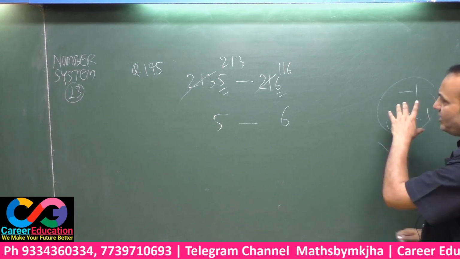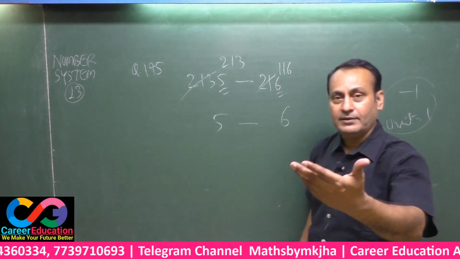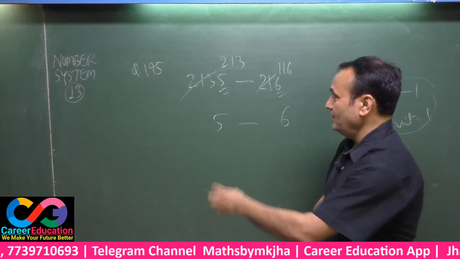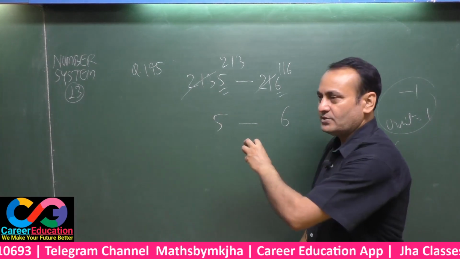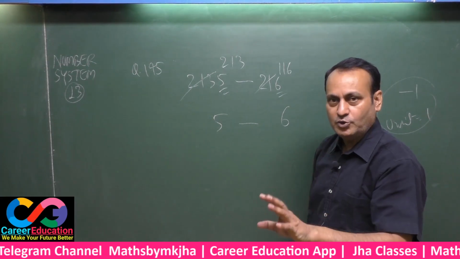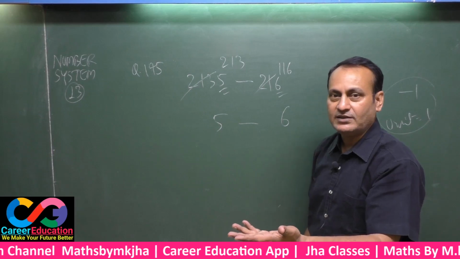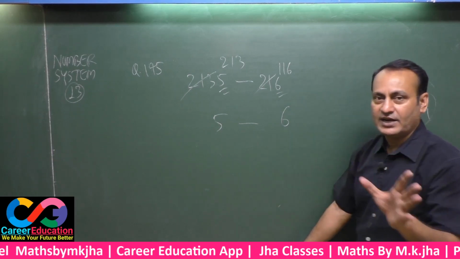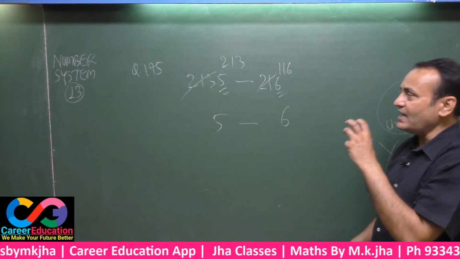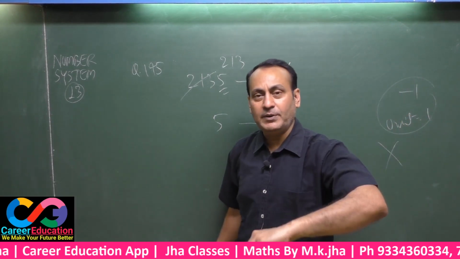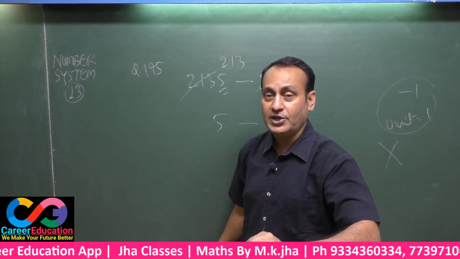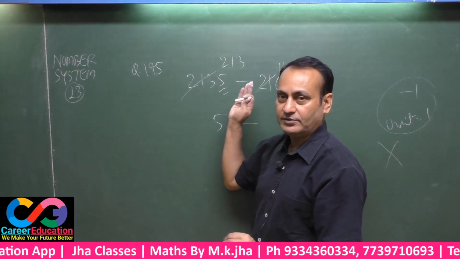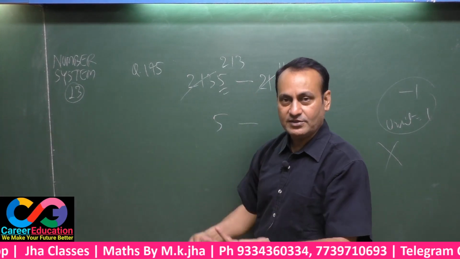This is the correct answer if the question had asked 5 minus 6, whatever comes, point out the unit place of that, then 1 is the right answer. But the question has asked what will be the unit digit of this calculation.